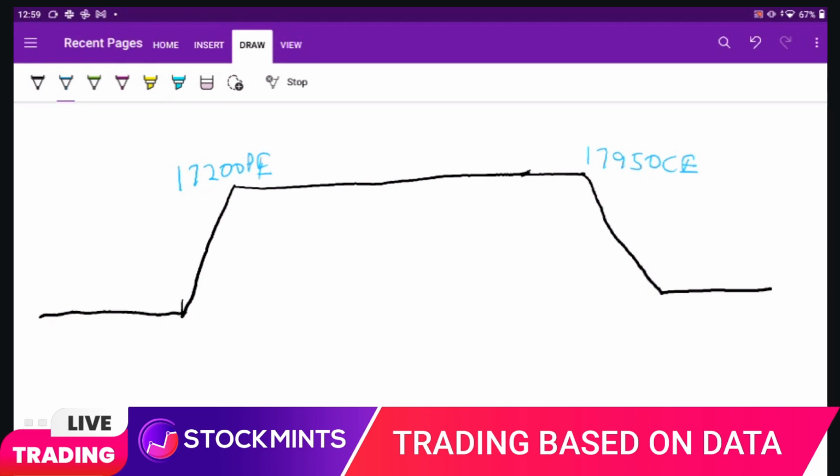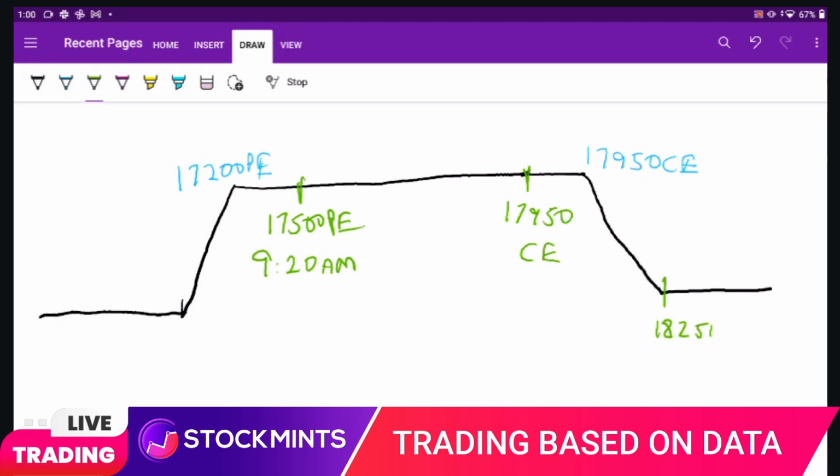The next values which we entered were the 17,500 put option, and we entered the 17,950 call option at around 9:20, around 9:20 a.m. Similarly, we bought the 18,250 call option, so this comes here, the 18,250 call option, and we also bought the 16,900 put option.